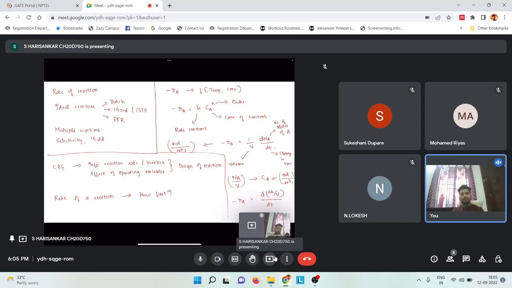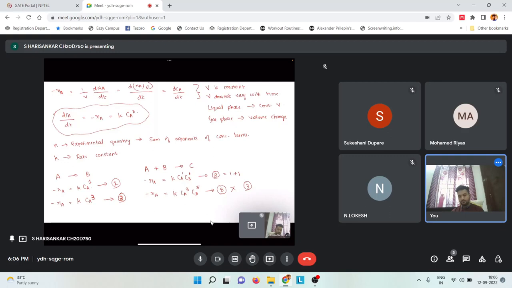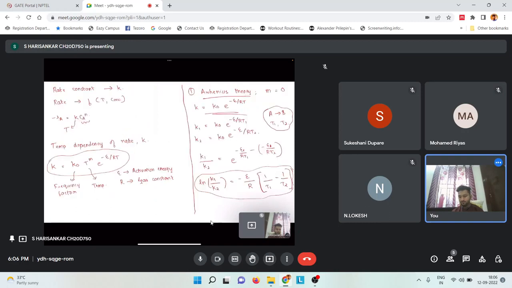Yeah, so last class we started with CRE, like we looked into the basics of CRE. We looked into rate of reaction, and the types of ideal reactors. So we started with how to write the rate equation, and from then we went on to see how we can derive rate equations for different orders of reaction and different types of reactions.